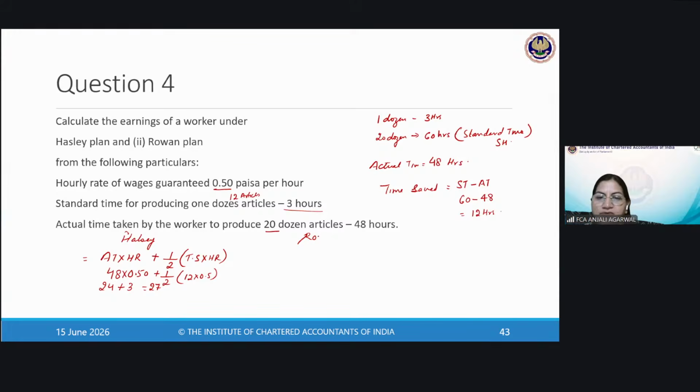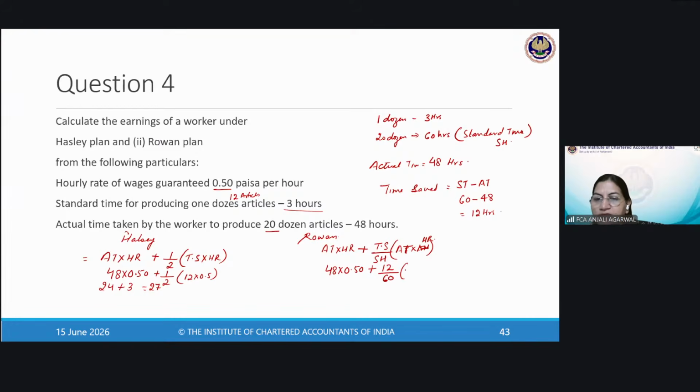What does Rowan give? Once again, actual time into hourly rate, plus time saved divided by standard hours multiplied by actual hours into hourly rate. So as per Rowan also you'll get 48 into 50 paisa, plus time saved is 12 hours on 60 hours.